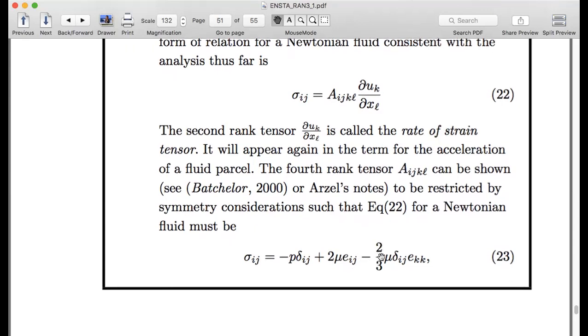And minus 2/3 times the dynamic viscosity coefficient again, times delta IJ, same thing we have here, times EKK. So I have to explain EIJ and EKK.